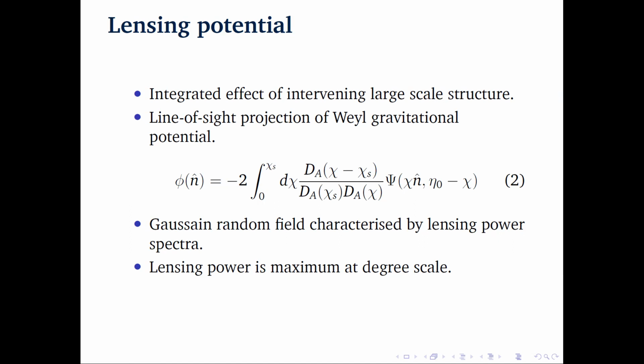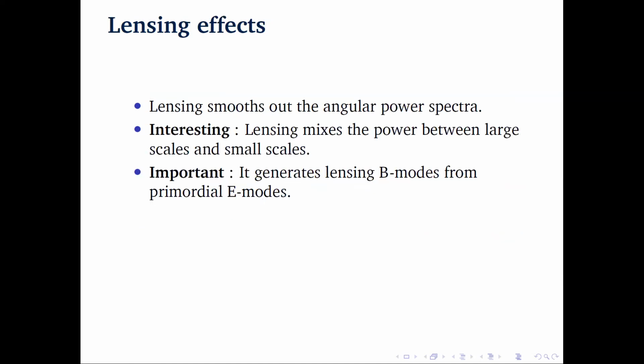If we reconstruct this quantity, we can use it to understand the mass distribution of the universe and study the large-scale structures. The lensing potential has an angular power spectrum which peaks at around degree scale, and its distribution is like a Gaussian random distribution.